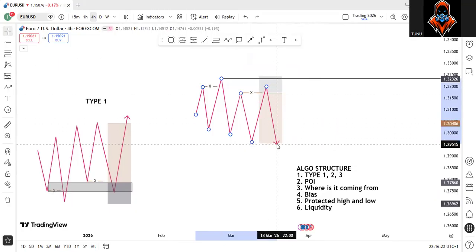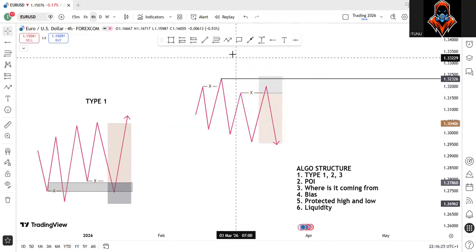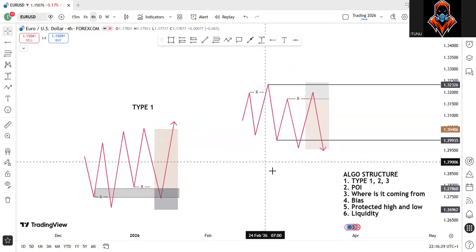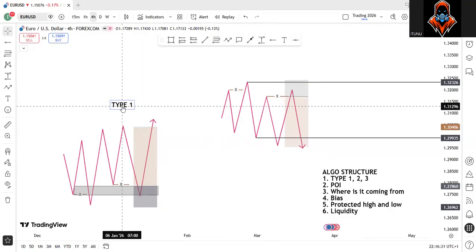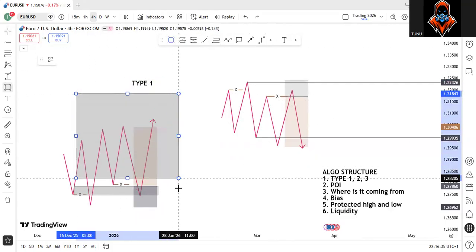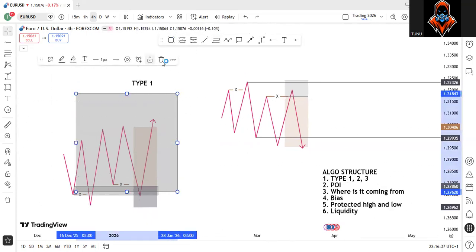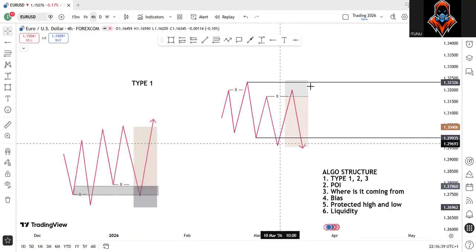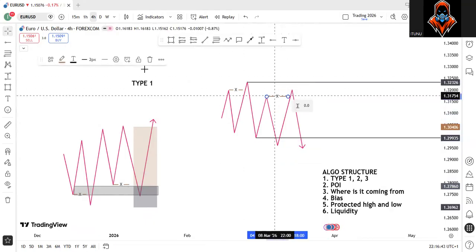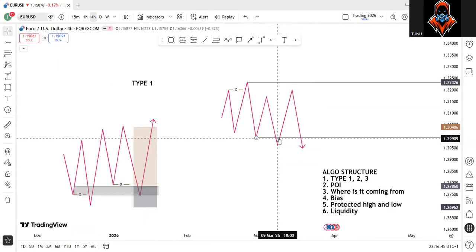Then price takes out this low. So this is type 1 for a bullish scenario, and this is type 1 for a bearish scenario.